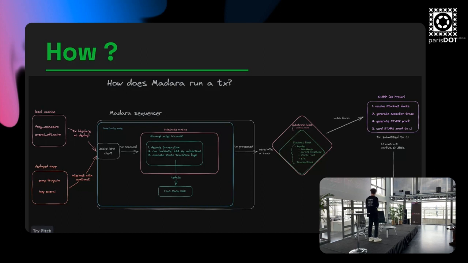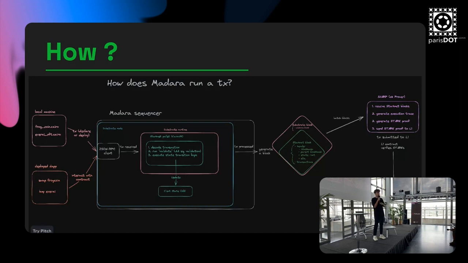Okay, so let's talk a bit about how an actual transaction works in Madara. So first you have some user that wants to interact with a smart contract. They send their transaction through the RPC. I'll talk a bit more about the RPC after, but that's mainly the entry point. Then there is one pallet mainly in the whole project. We could have separated it into many pallets, but we decided not to, for simplicity and efficiency. So you have the Starknet pallet, which basically runs the Cairo VM.